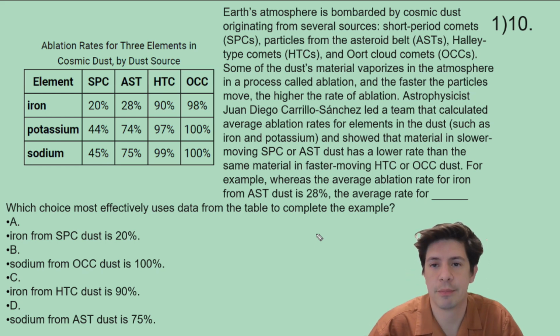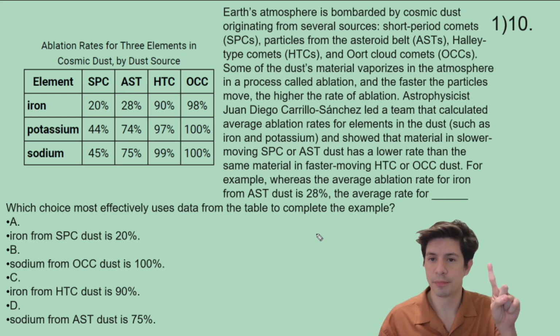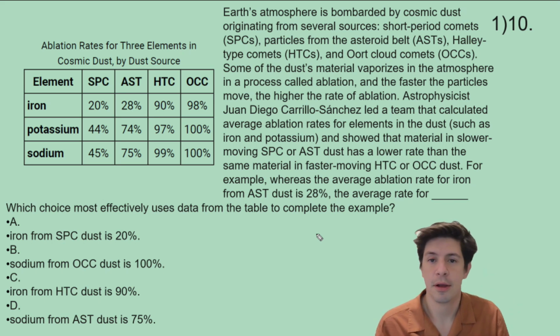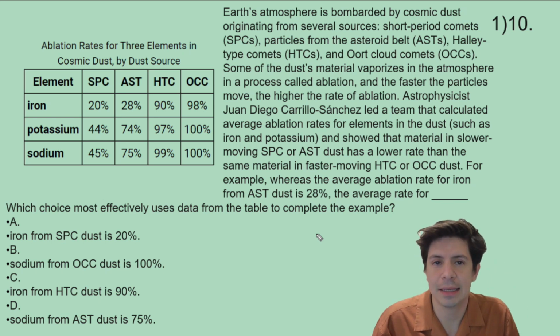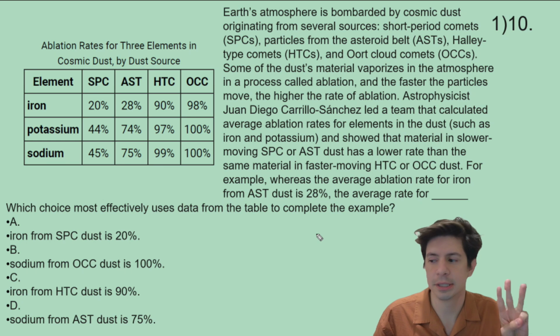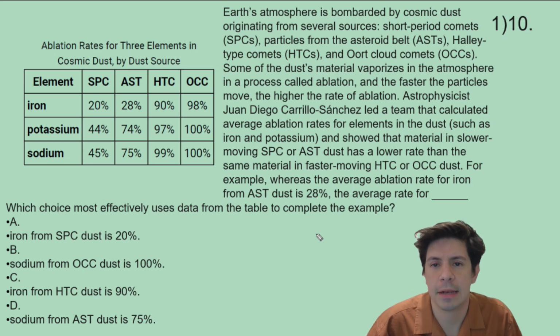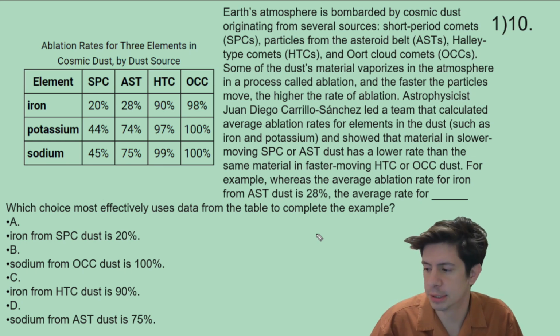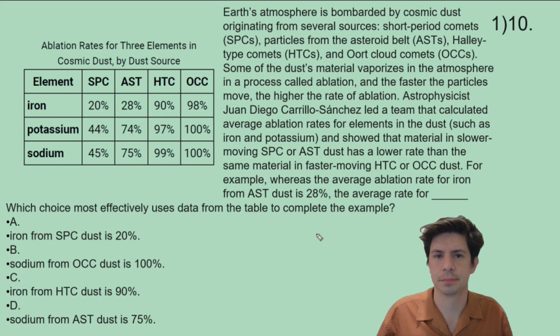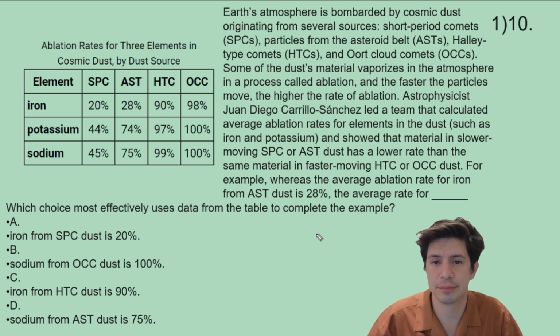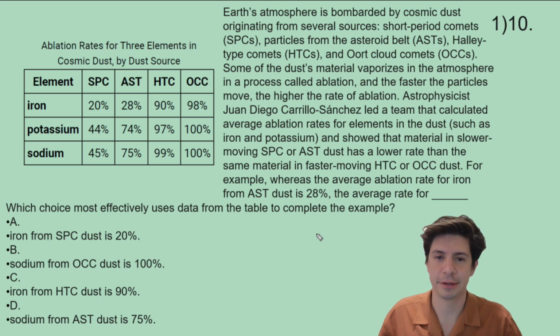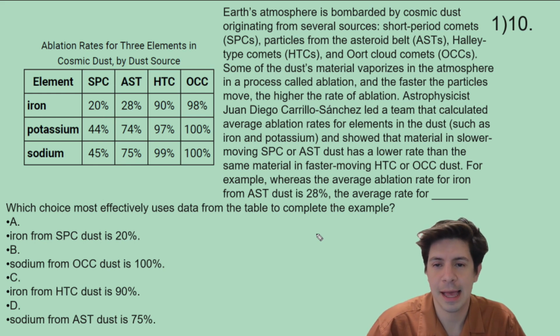Earth's atmosphere is bombarded by cosmic dust originating from several sources. Short period comets, SPCs, particles from the asteroid belt, ASTs, Halley-type comets, HTC, and Oort cloud comets, OCCs. Some of the dust material vaporizes in the atmosphere in a process called ablation, and the faster the particles move, the higher the rate of ablation.